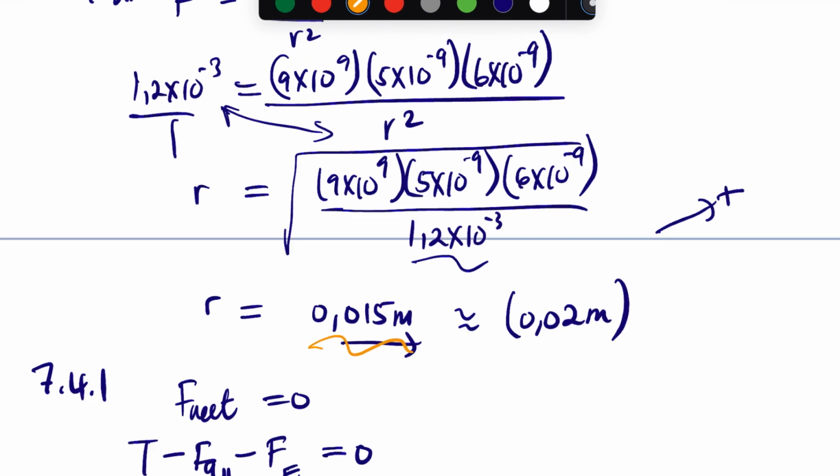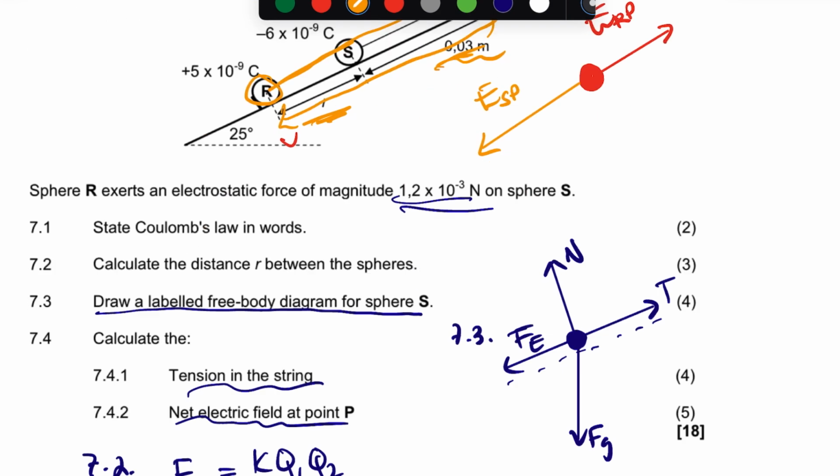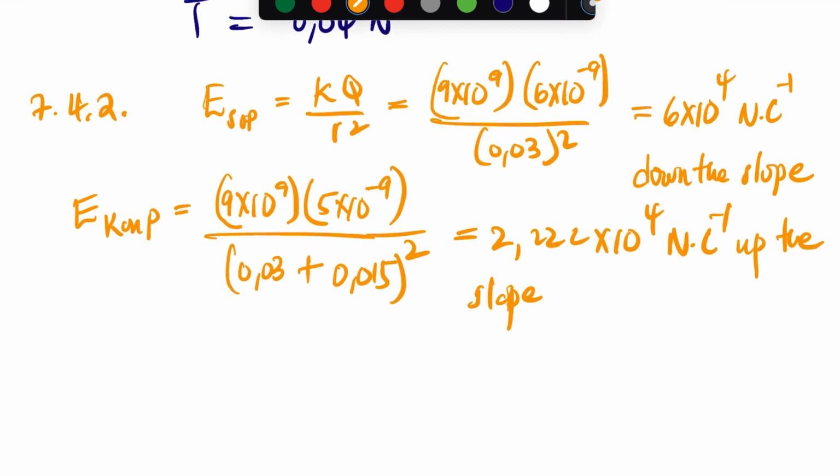And the direction of that, as we mentioned, guys, is up the slope because it's positive. But guys, when it comes to directions, if you're watching all my videos on electrostatics, you understand what I mean about the direction that is up the slope.